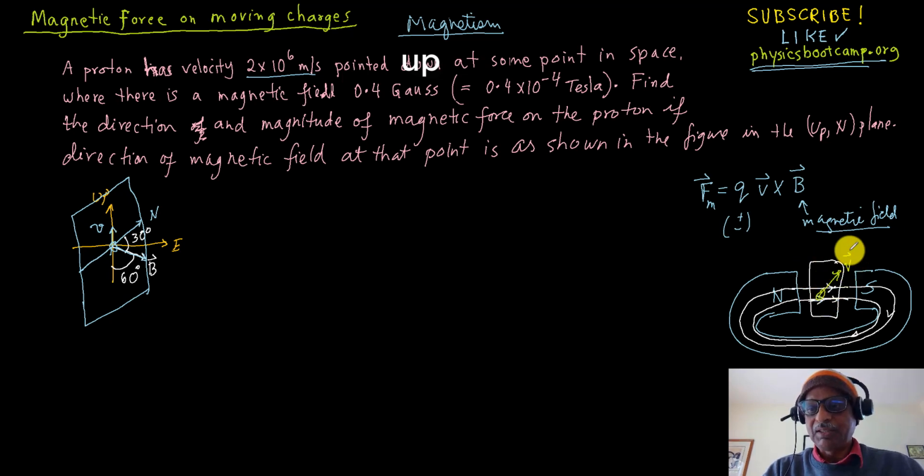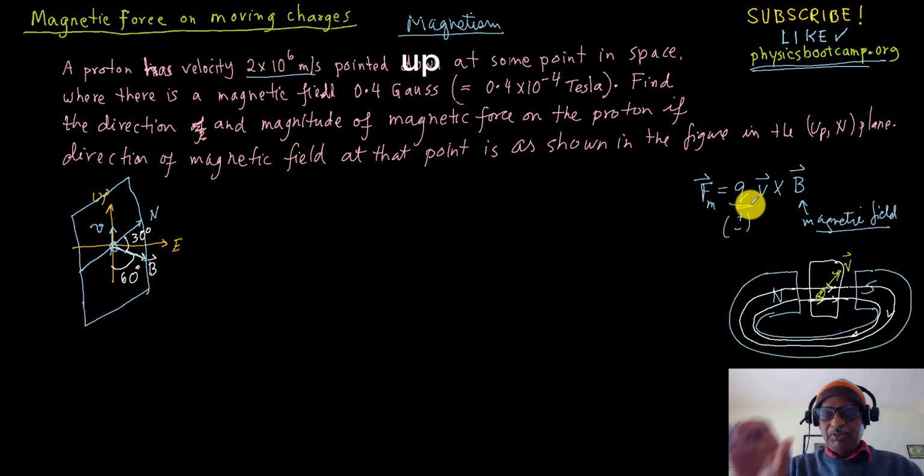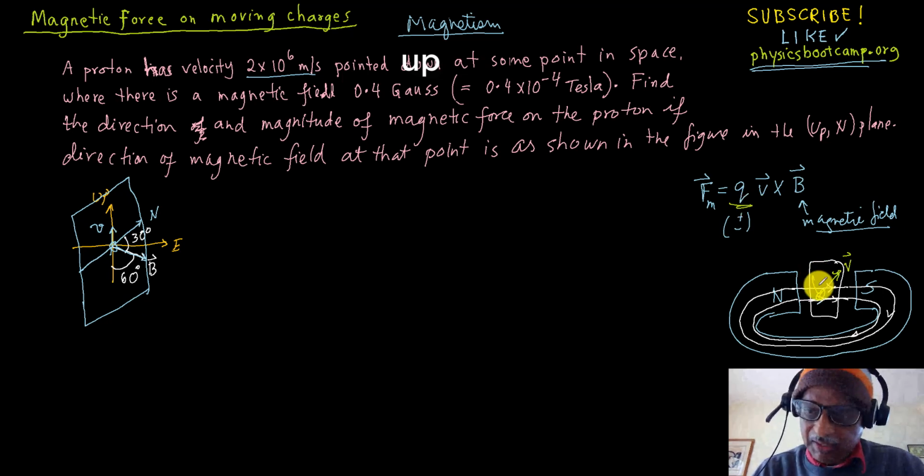If this is the velocity, which way will the acceleration be? Here, it's a cross product, so you probably know the right hand rule. Say this is positive, then V cross B goes from V to B, so the force will be in that direction. It's going to be perpendicular to V and B.